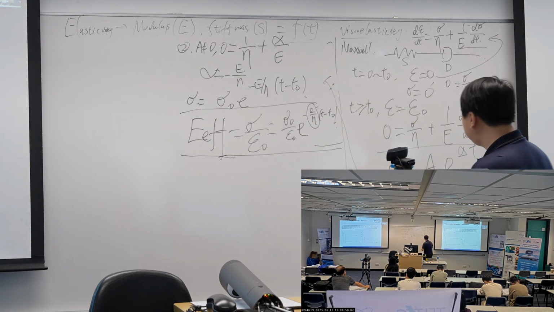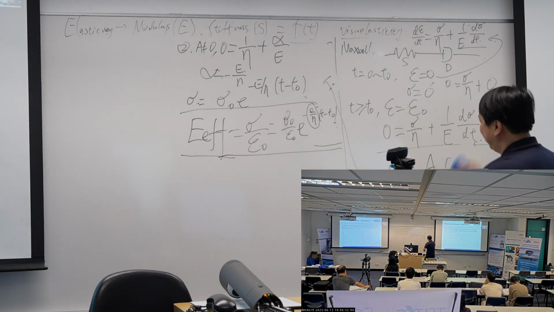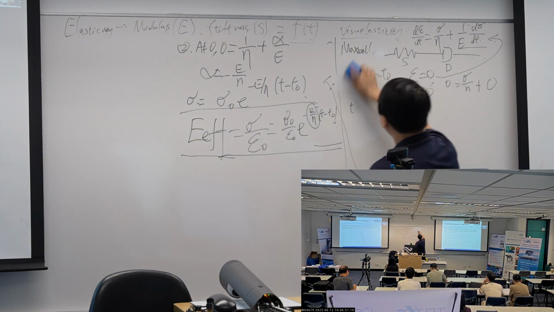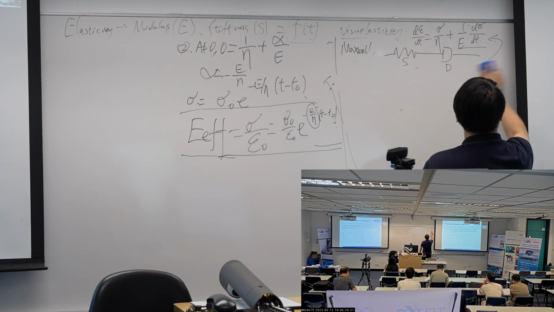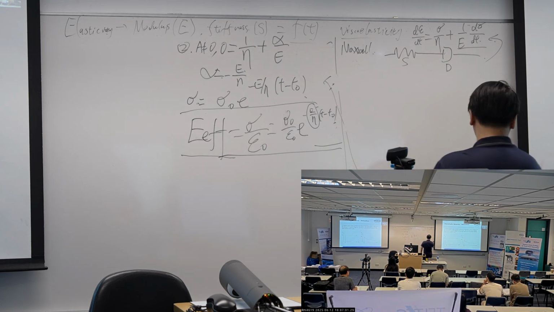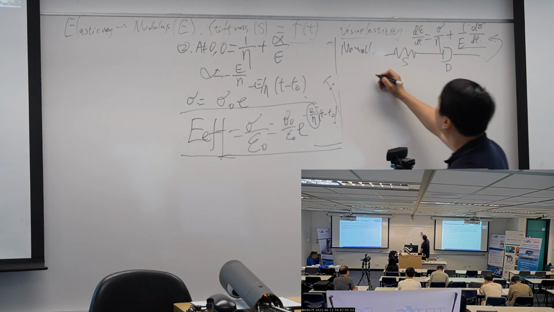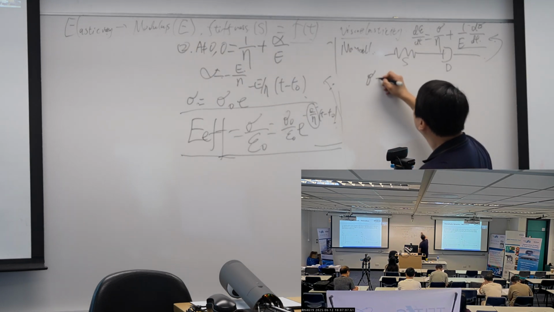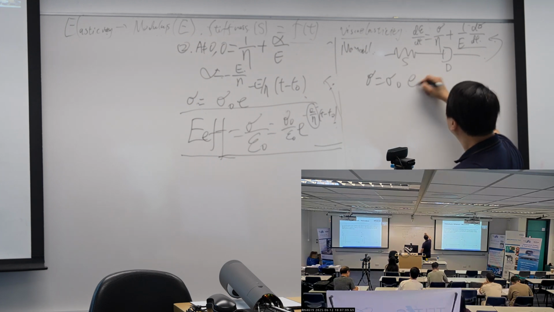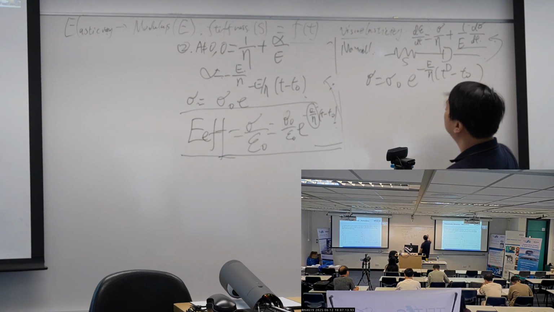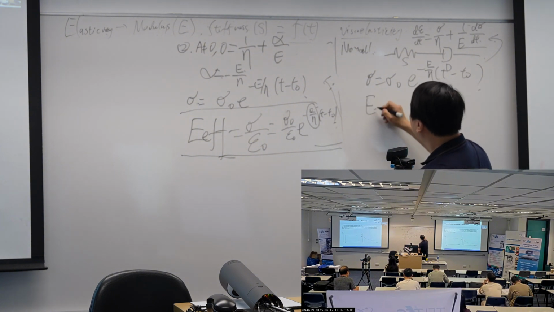Okay, yeah, this is correct. So I write it down here. E to the minus t over t0 and the effective.